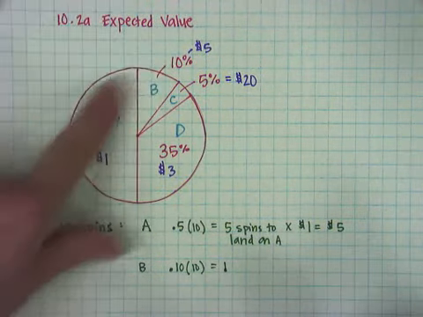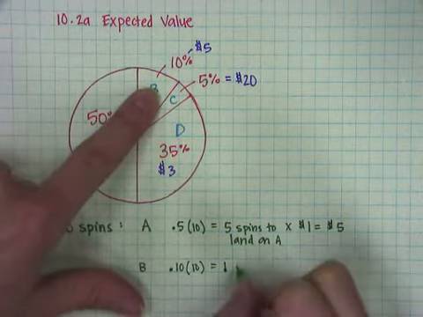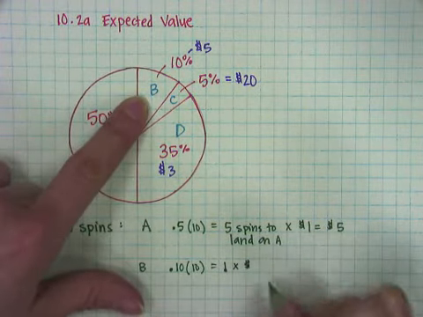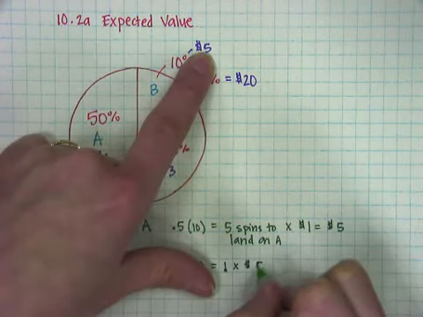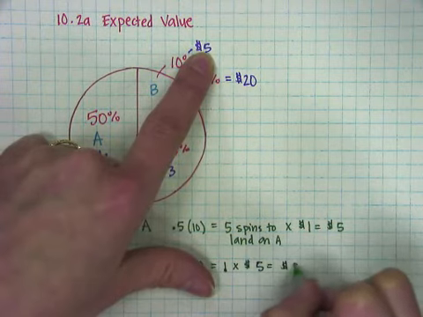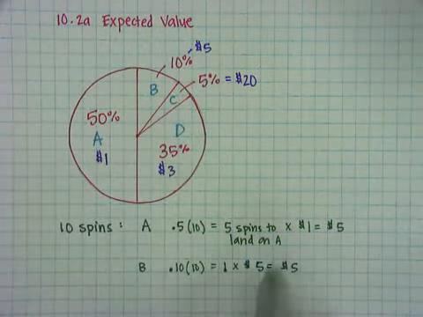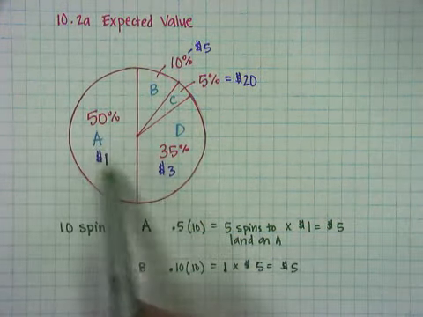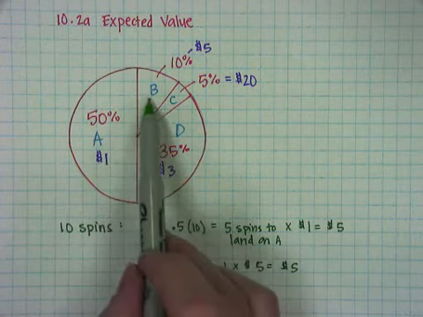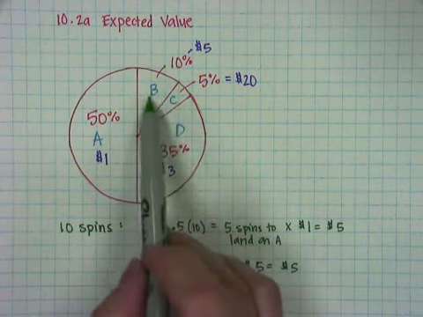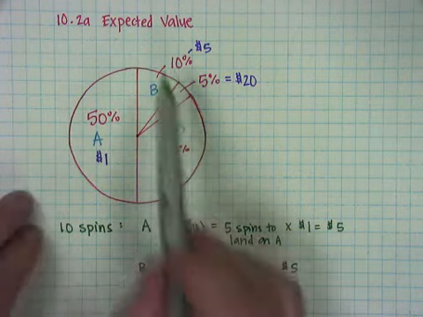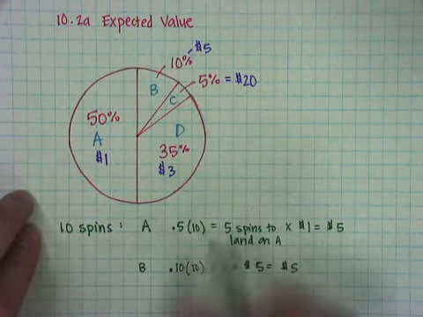So I expect 1 of my spins out of 10 to land on region B, and when it does land there, it is going to pay me out $5. So its expected value is $5 also. Here, it lands on region A more often, but you get paid less. Here, it lands on region B less often, but you get paid more.